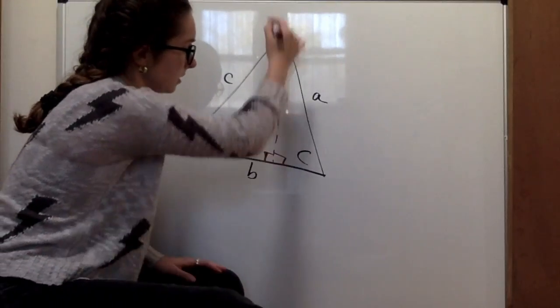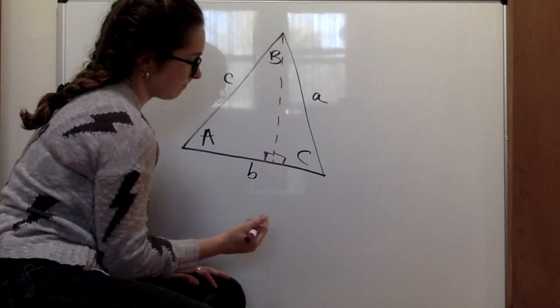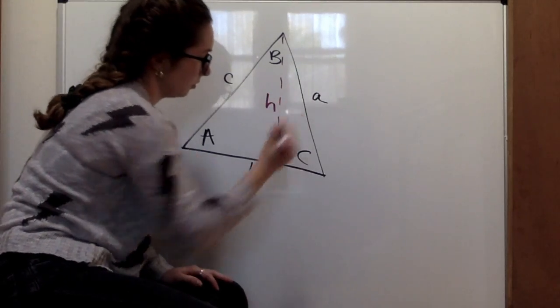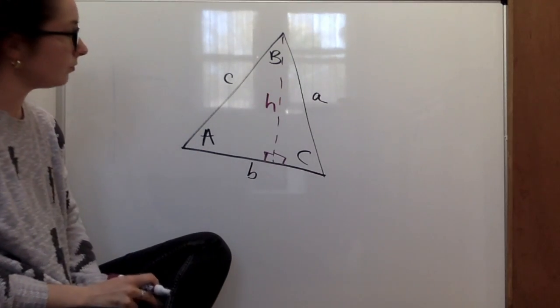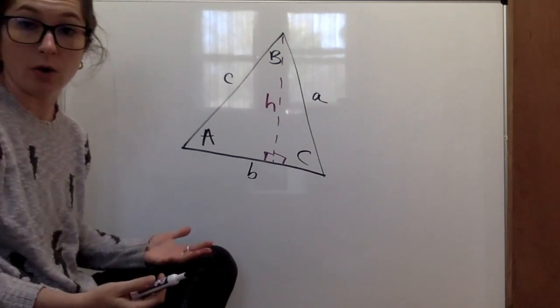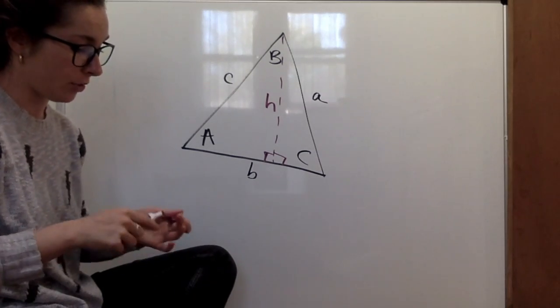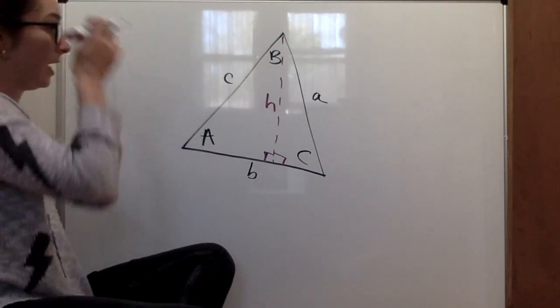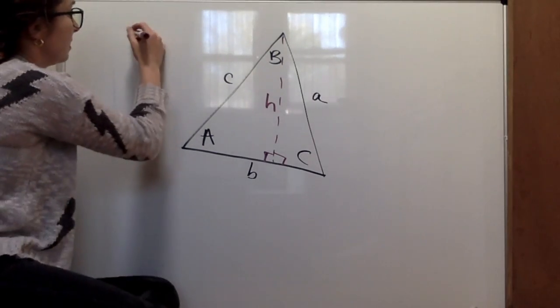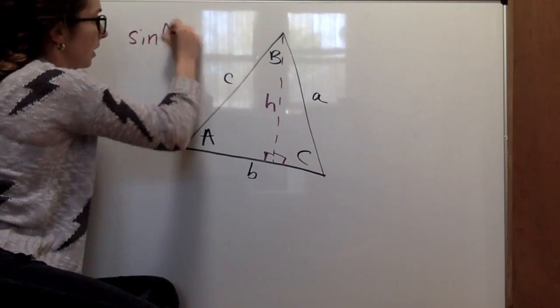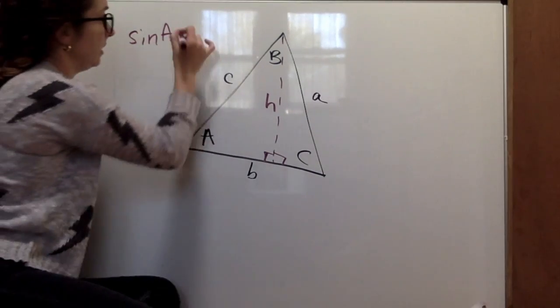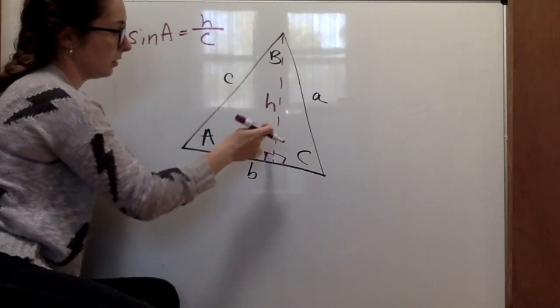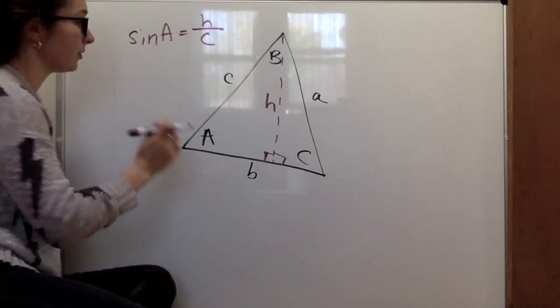I'm going to call this height h. Okay? So now I have two right triangles that I can relate. So now I can say that, right over here, sine of angle A is h over c, opposite over hypotenuse.